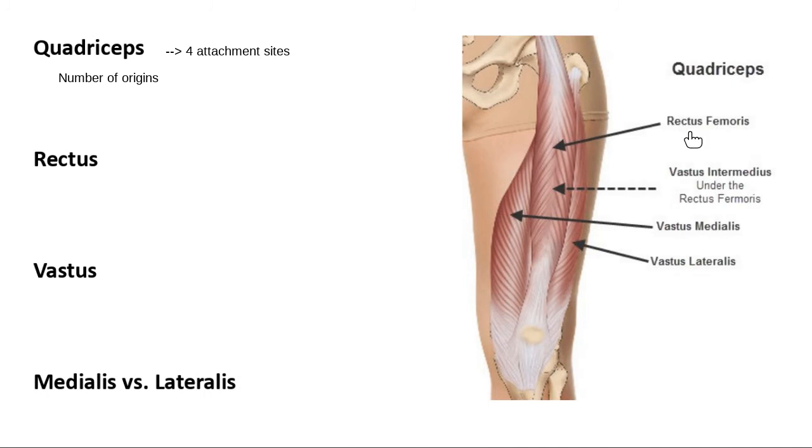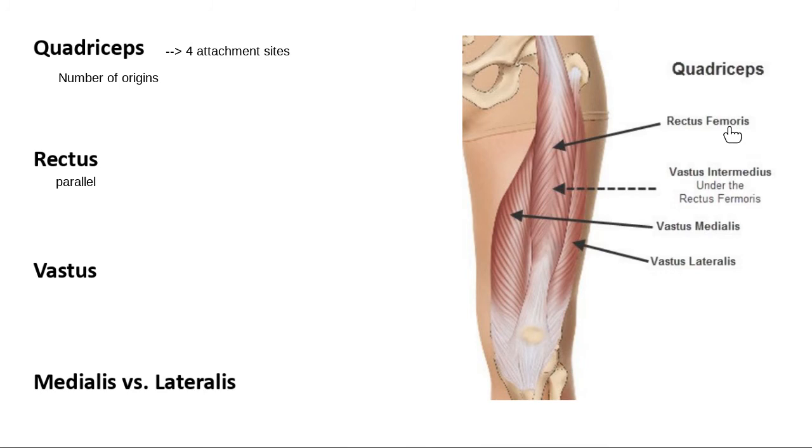Does anyone happen to remember what that rectus word meant? Rectus? Yeah, the word rectus on a muscle meant that it was parallel. The rectus muscle is the one that goes up and down parallel to which bone?